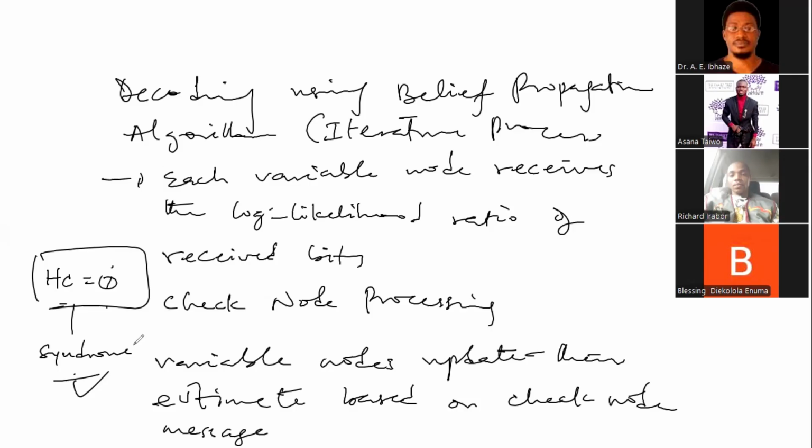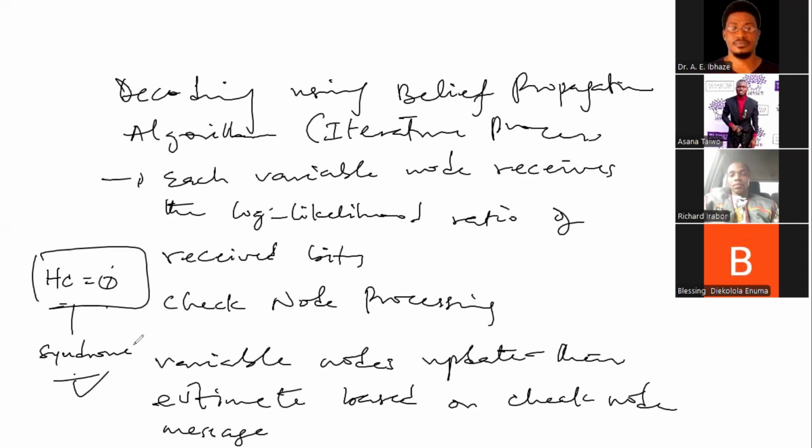So before we proceed, sir, that means for us to simulate or encode, we have to have generated a particular code before we proceed to the simulation. Is that right, sir? Can you explain what you mean?